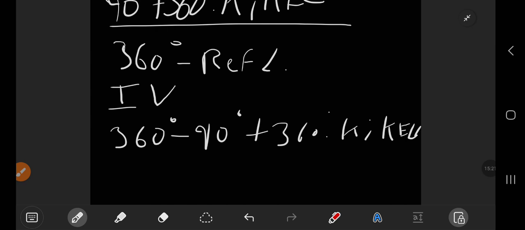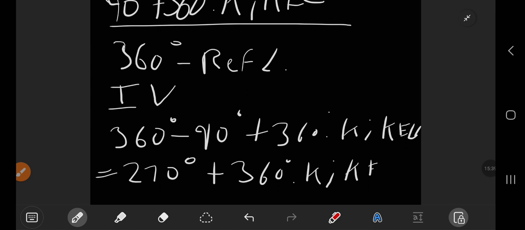So 360 minus 90 gives us, let me just take my calculator, 270. So this is going to be 270 degrees plus 360 degrees times k, where k is an element of integers.